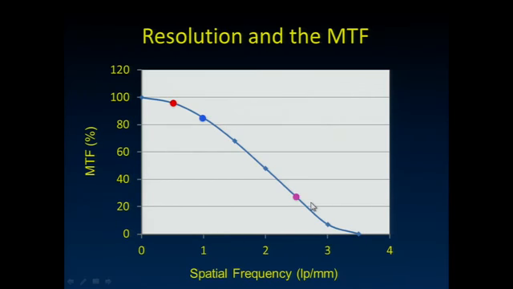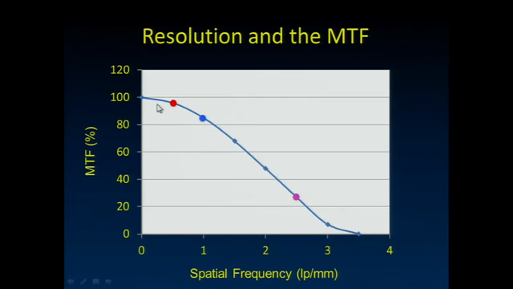And the nice thing about this is, if I know what the modulation transfer function is for my X-ray tube, because it has a certain focal spot size and therefore has a limiting resolution, and I know what the resolution properties of my detector are, because it doesn't have perfect resolution properties, I can multiply the two MTFs together and it'll give me the resolution properties of my overall system.